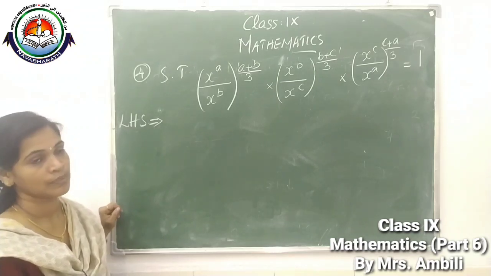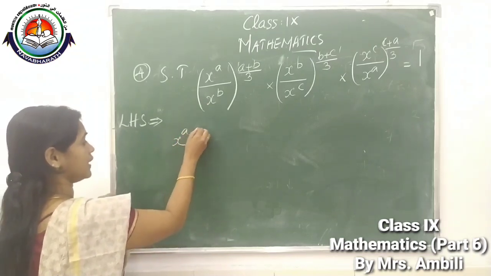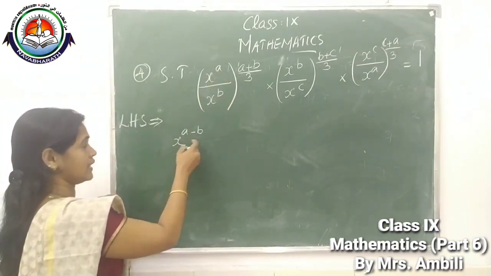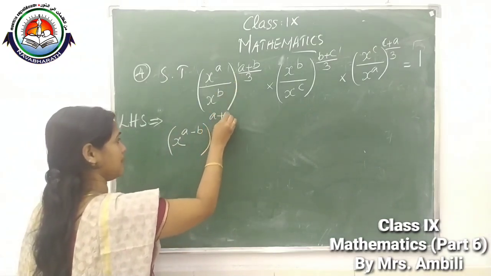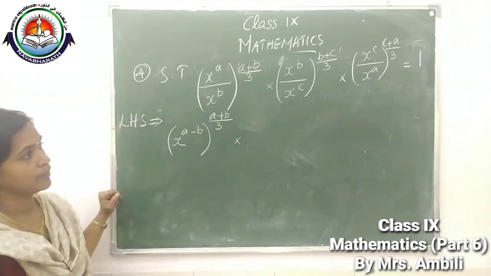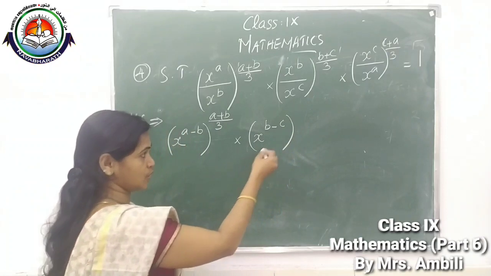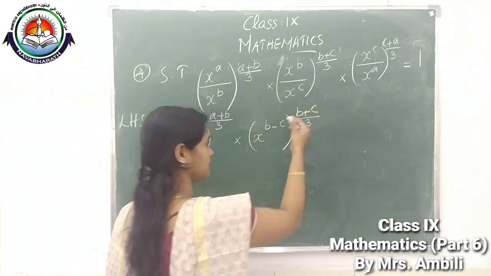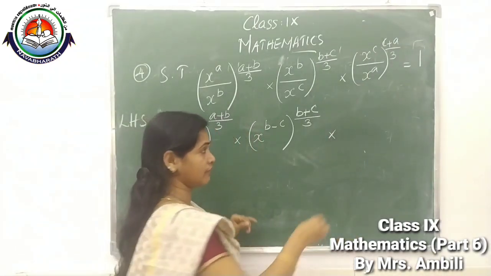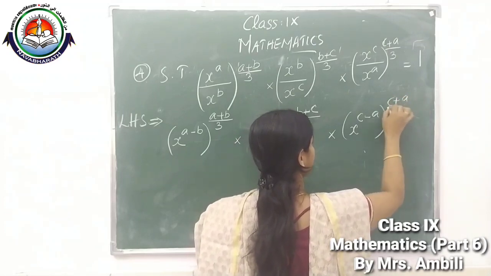That also we need to use here. x^a / x^b we can write as x^(a-b). Clear? So it becomes (x^(a-b))^((a+b)/3) × (x^(b-c))^((b+c)/3) × (x^(c-a))^((c+a)/3).